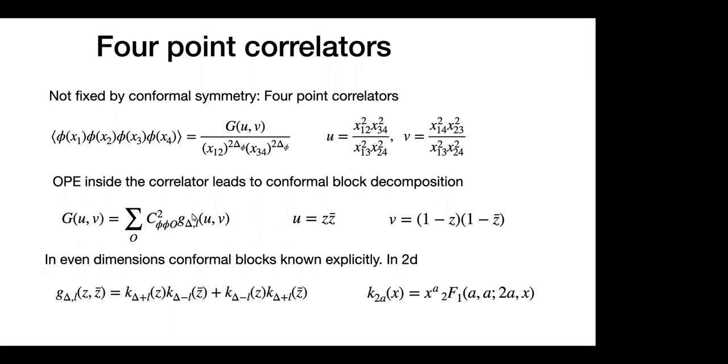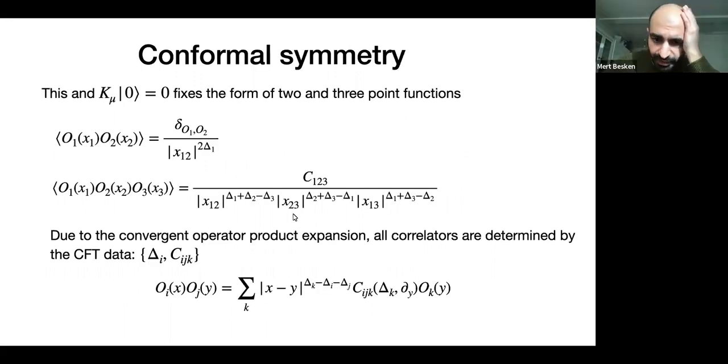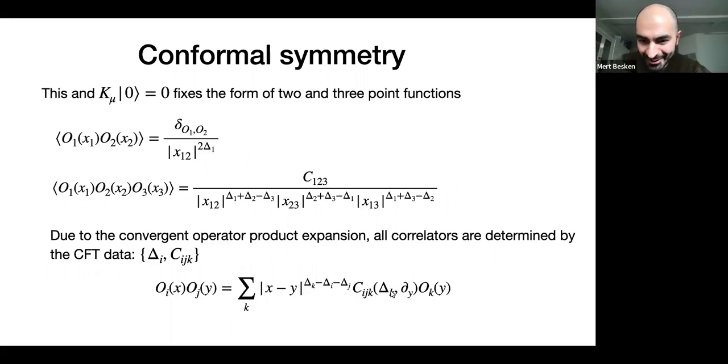I'm sorry to disturb you. Maybe you should mention that this C and the other C are different. Like you use the same letter for both OPE coefficients and the differential operator C. Exactly. Yeah, you're right. So my logic was when I'm using arguments, this is a function. But when I'm not using an argument, it's a number. But you're right.